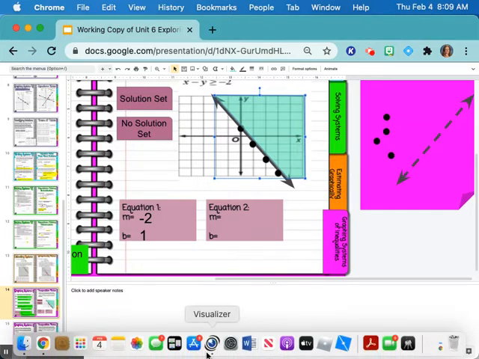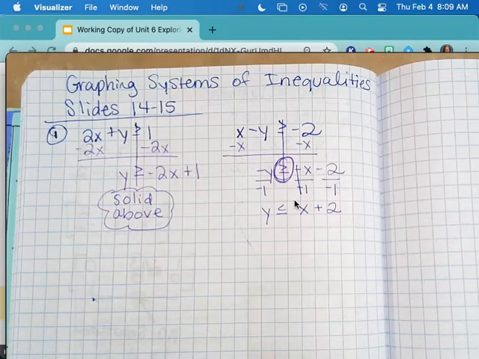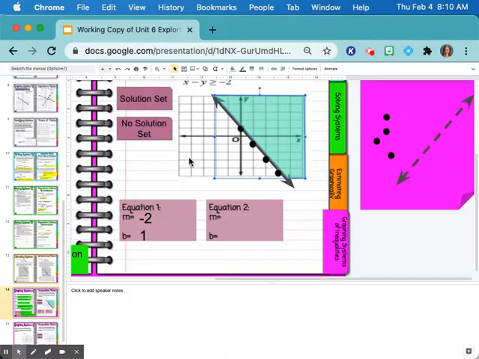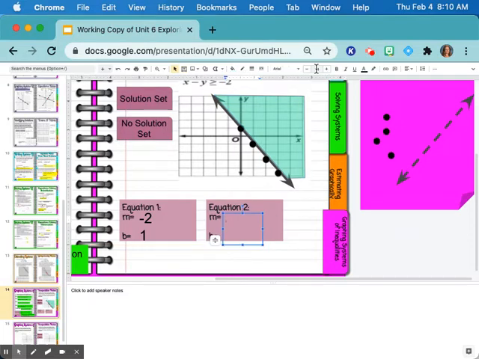Okay, let's go back over here so we can look back. What is the slope and our y-intercept? So the slope is 1, our y-intercept is 2.